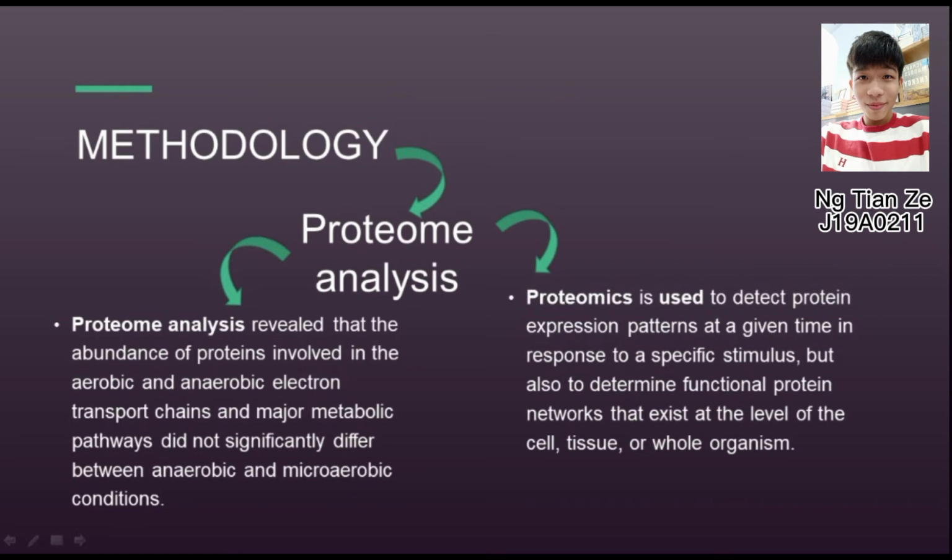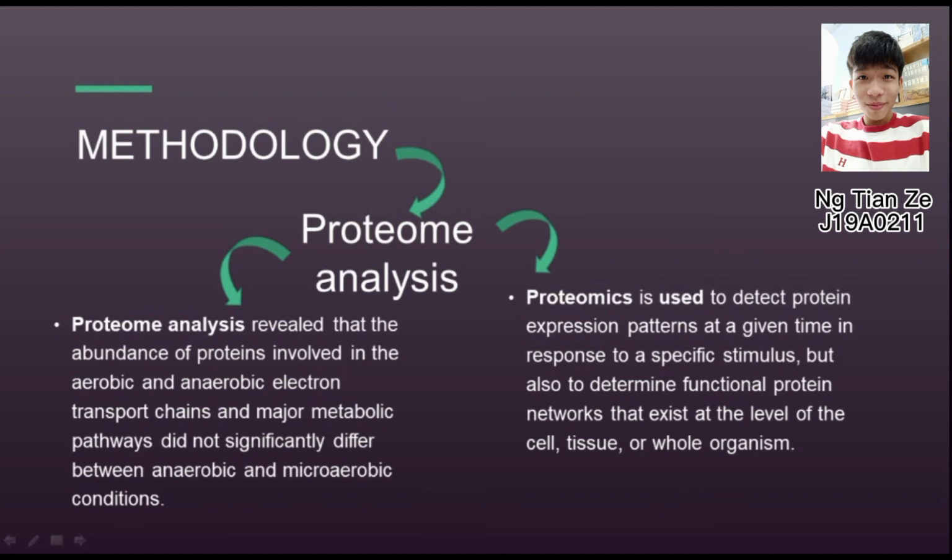In this study, the main methodology is proteome analysis. After the 16 strains of propionic acid bacteria undergo screening, the proteome analysis method will be used to analyze the particular strain. Proteome analysis revealed that the abundance of proteins involved in the aerobic and anaerobic electron transport chain changed, and major metabolic pathways did not significantly differ between anaerobic and microaerobic conditions.